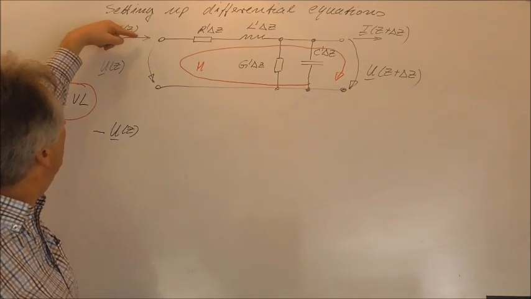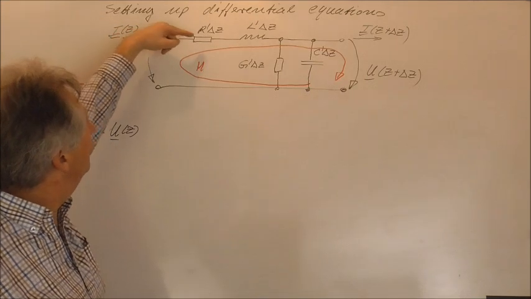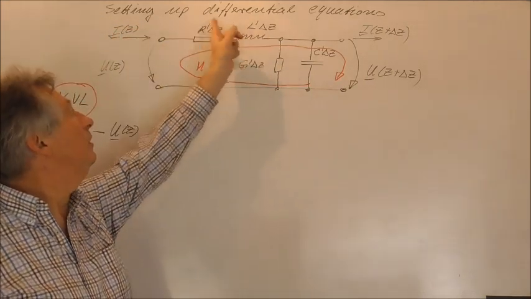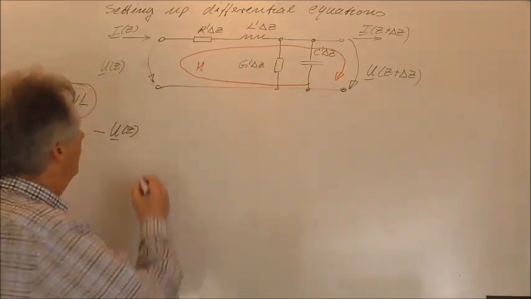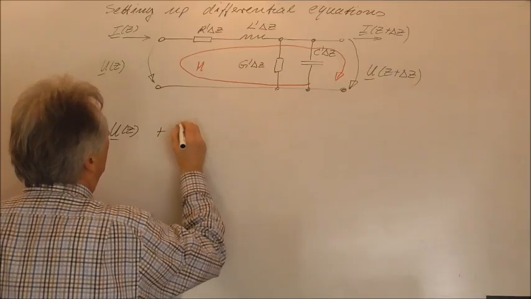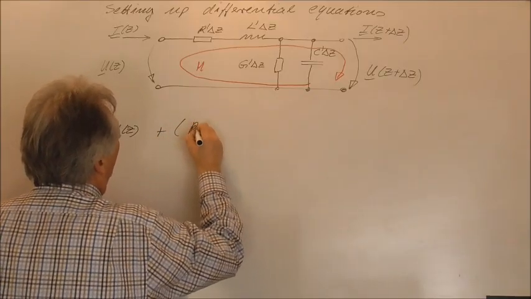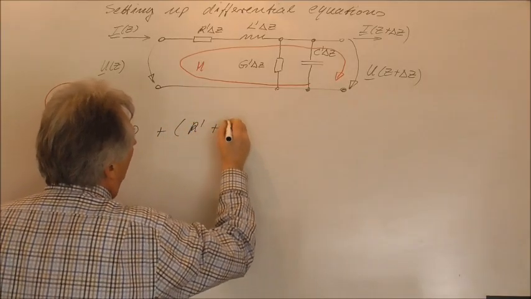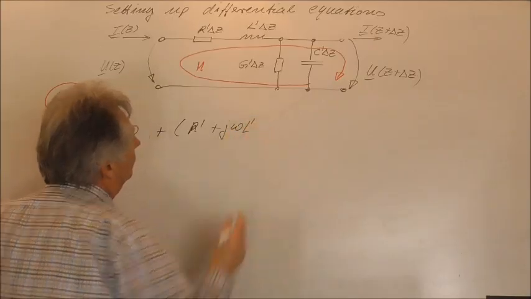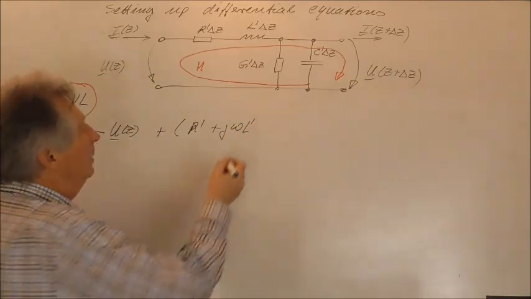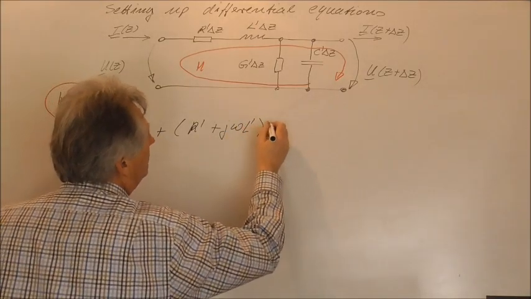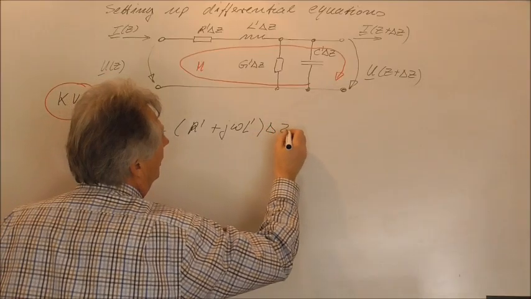And here you see the current I of z will flow through this series element, so it will result in a plus R prime plus j omega L prime, because we use phasor notation here, and we must multiply with delta z.